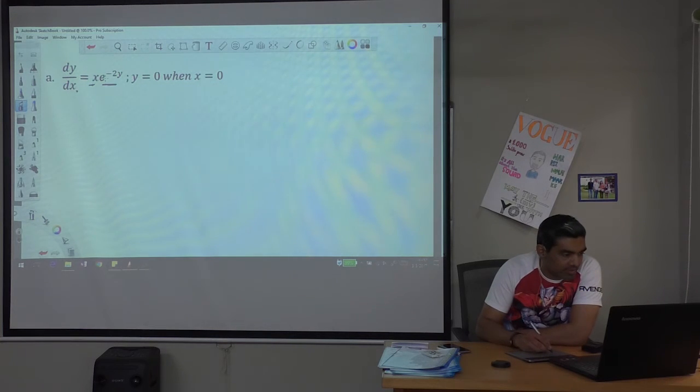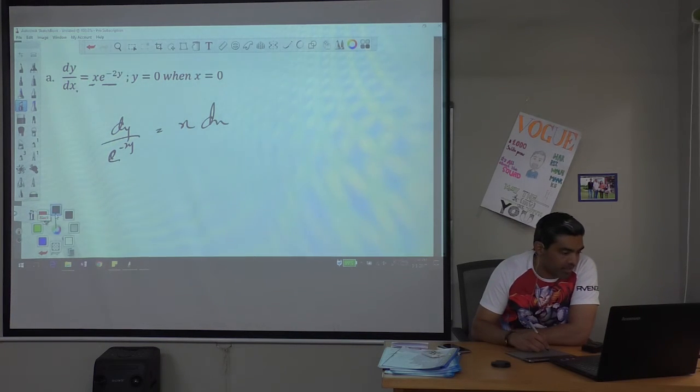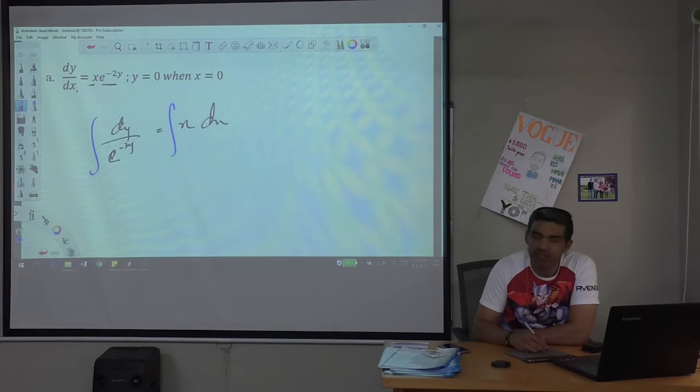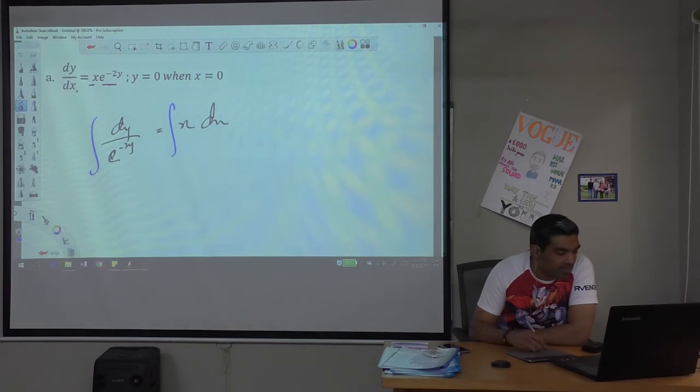So this comes down to be this, and this comes down to be x. Agreed? Okay, now I integrate on both sides. So I end up with the integration with respect to y on the left, and integration with respect to x on the right. So what I'm ending up with is e to the power 2y dy and this x.